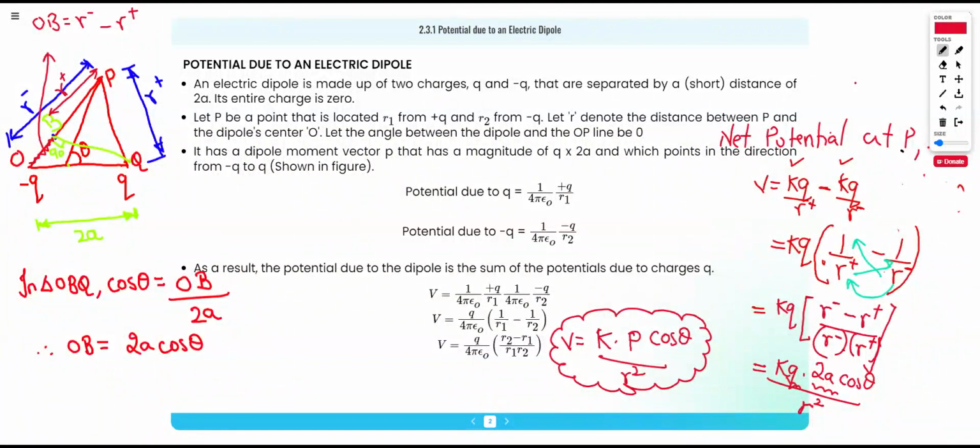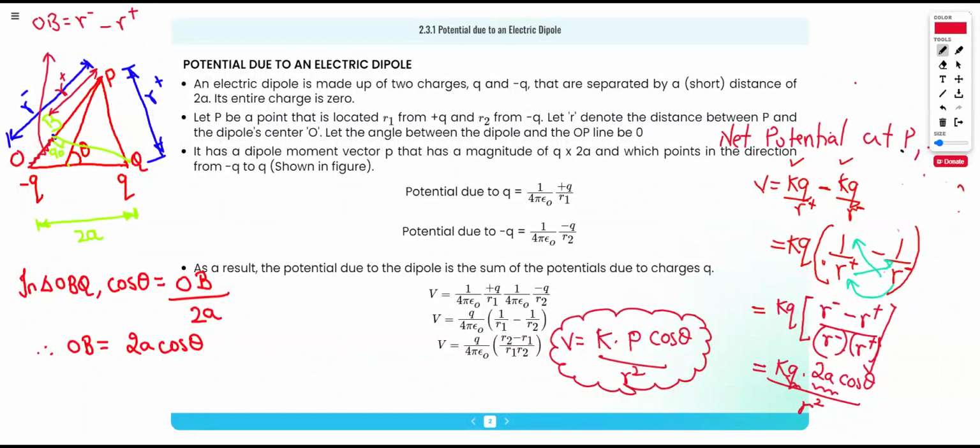Then in the bracket we have 1 over R plus minus 1 over R minus. We can cross multiply it and we'll get R negative minus R positive over R negative R positive. What is R minus minus R plus? This is nothing but your OB. And OB is nothing but your 2a cos theta.